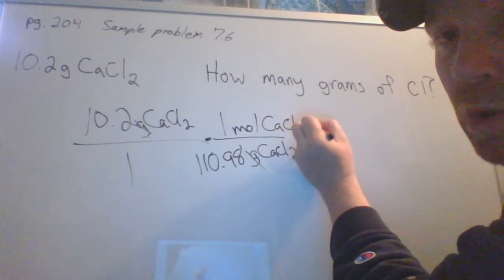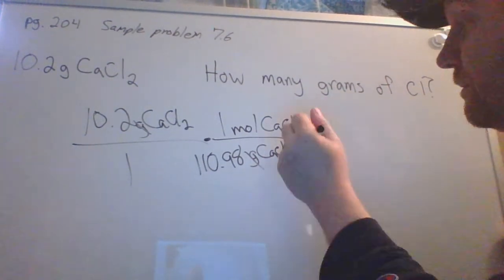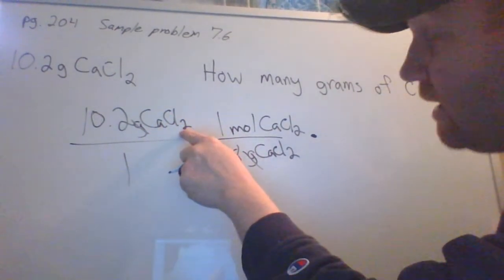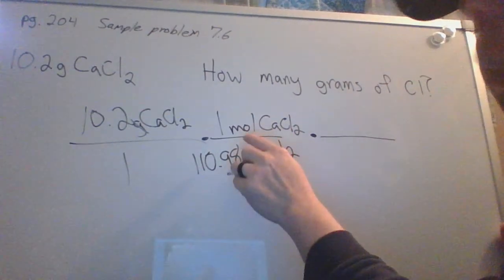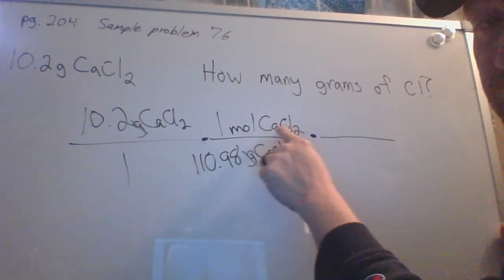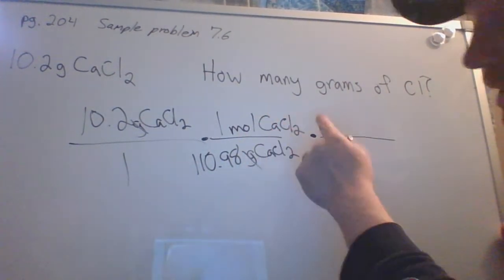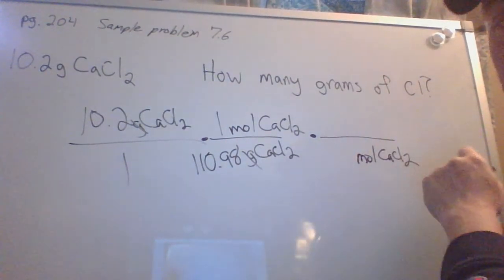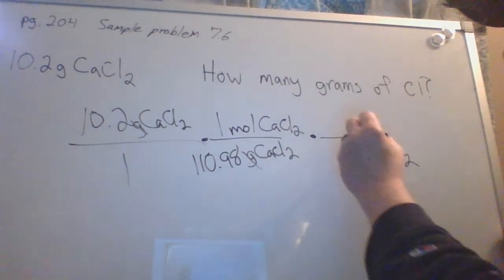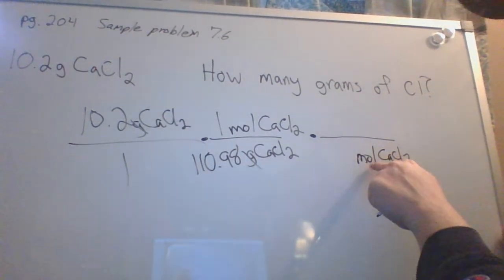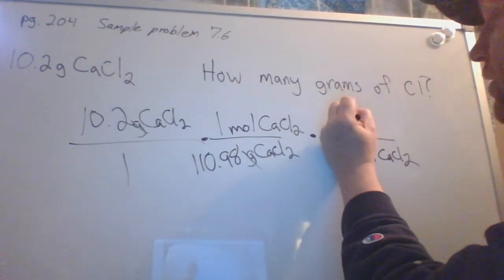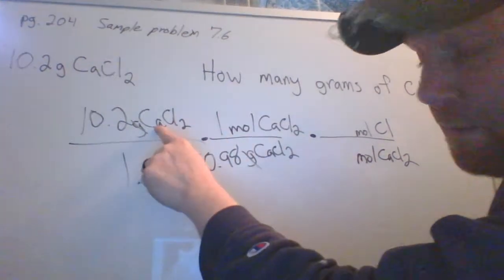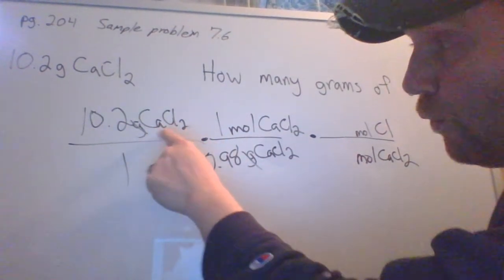This is a mole to mole ratio from CaCl2 to Cl. We can bring down moles of CaCl2, our labeled unit. Moles of CaCl2, I have to write smaller because I'm going to run out of room. This is new. We can go from moles of CaCl2 to moles of Cl. Remember, we have a nice chemical formula here.